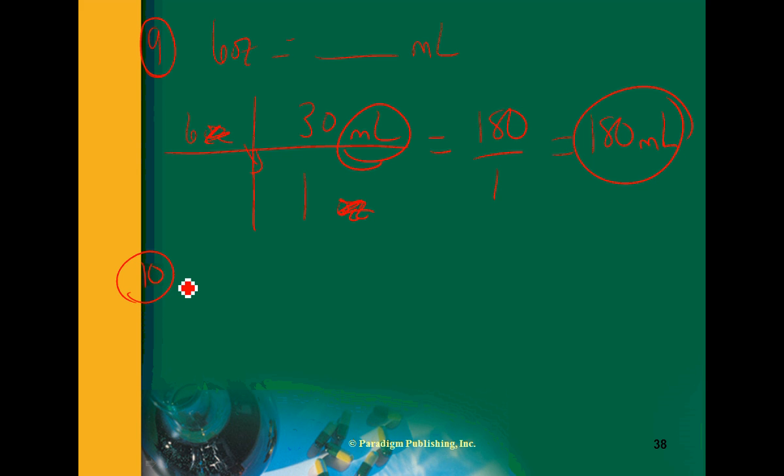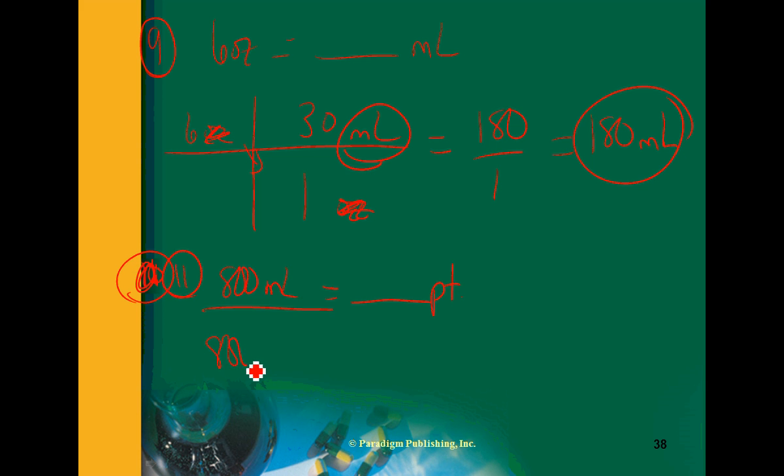So if we look at number, actually I'll do number 11. If you look at number 11 in your book, it's wanting you to convert 800 milliliters to pints. In our chart we tell you that 1 pint is equal to 480 milliliters.